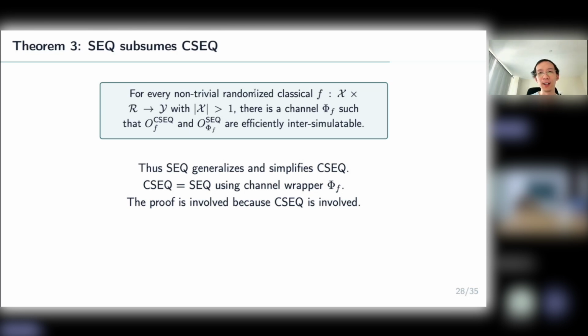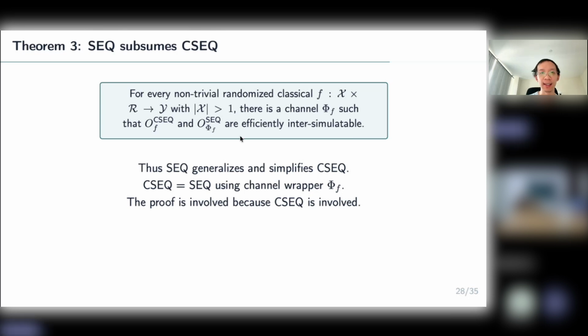Formally, we showed that for every non-trivial randomized classical functionality F, by non-trivial I just mean that you can query F on at least two different inputs, there is always a channel wrapper phi sub F, such that you can intersimulate between OCSEQ of F and OSEQ of phi of F.